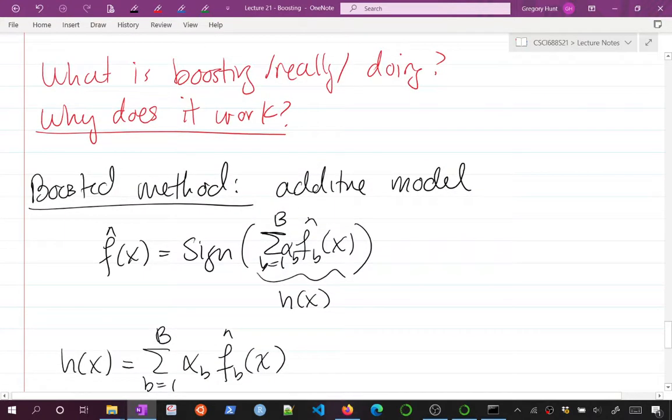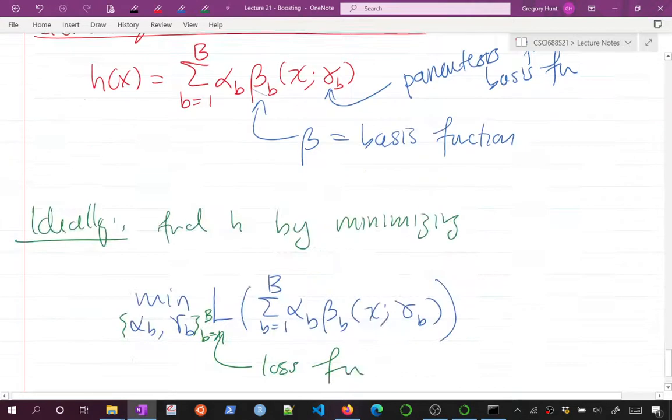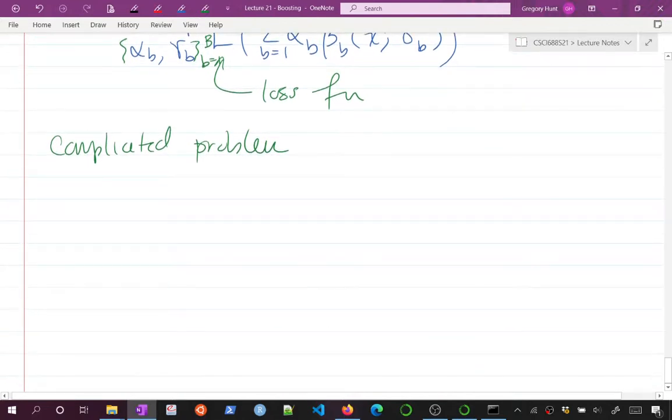You can view a boosted method as adding these on one at a time. It builds one, then adds on another, then another, then another. It builds up a series of these. And so you can view a boosted method as solving a similar kind of problem in what's called stagewise additive modeling.